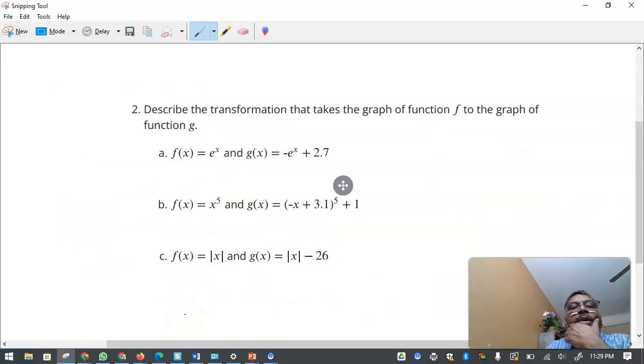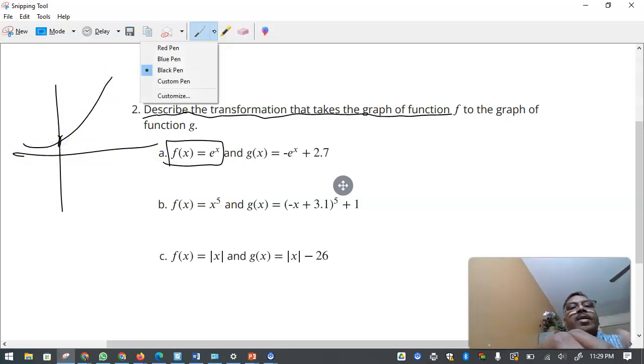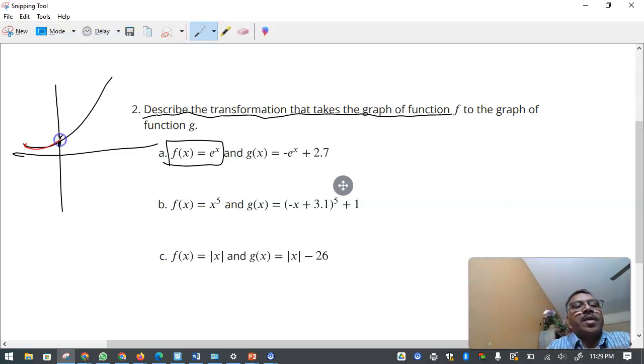Okay, so what you are supposed to do is describe the transformation that takes the graph of f. This is the parent function. The parent function is the graph this way. This is the exponential function, so in your mind you're thinking of this one. How did we get the new function? There is a minus e raised to x.